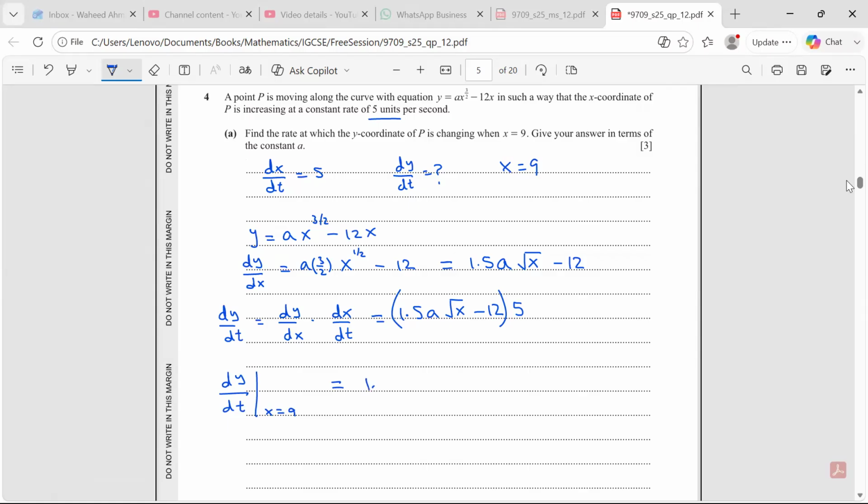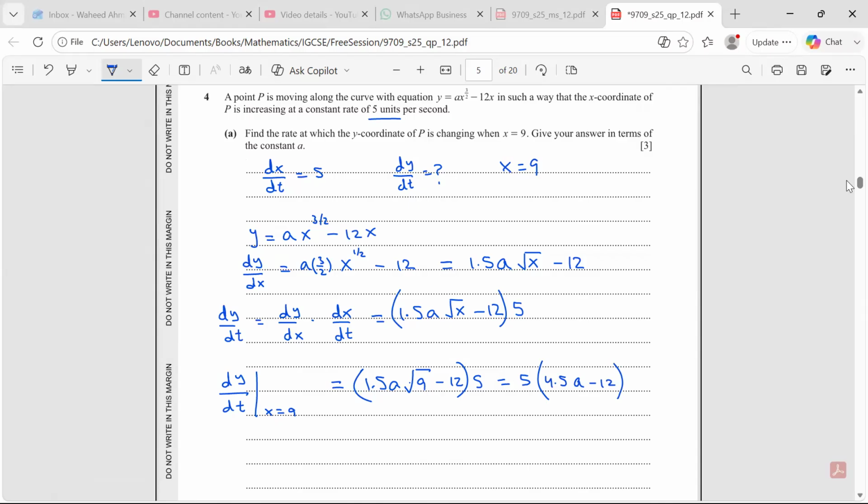It's going to be 1.5a into under the root 9 minus 12, and 5. So root 9 is 3. 3 times 1.5 is 4.5. Am I right? So 5 times 4.5a minus 12. Okay, so this is the final answer.